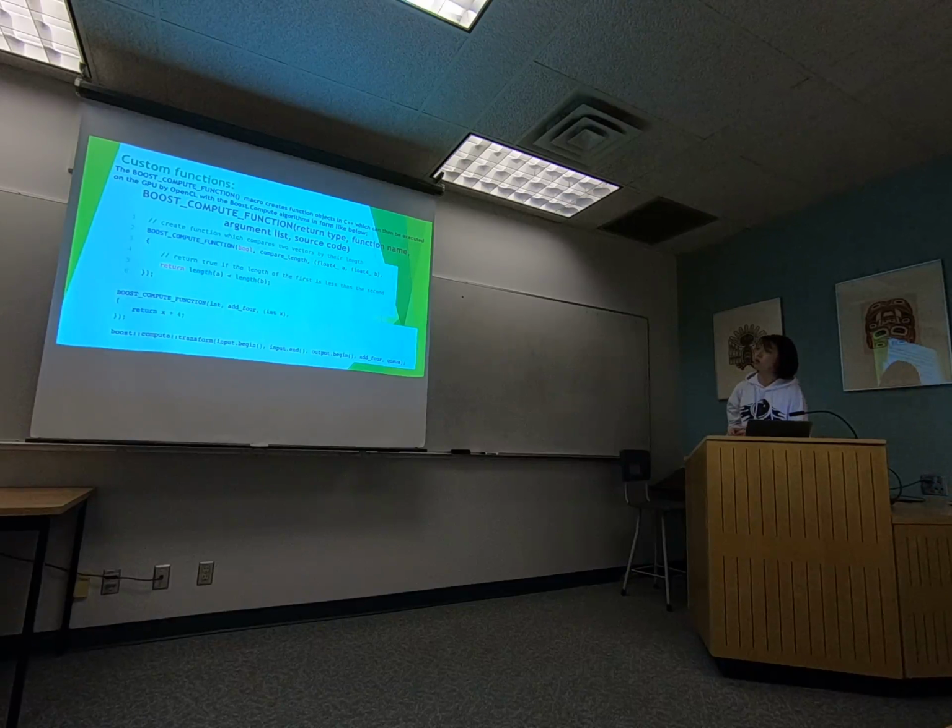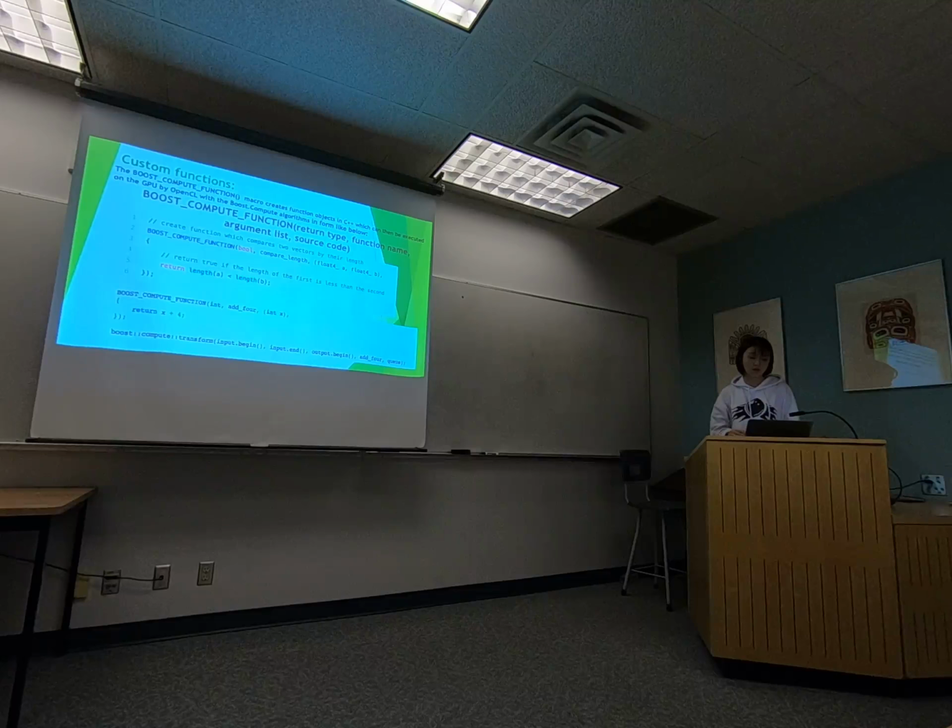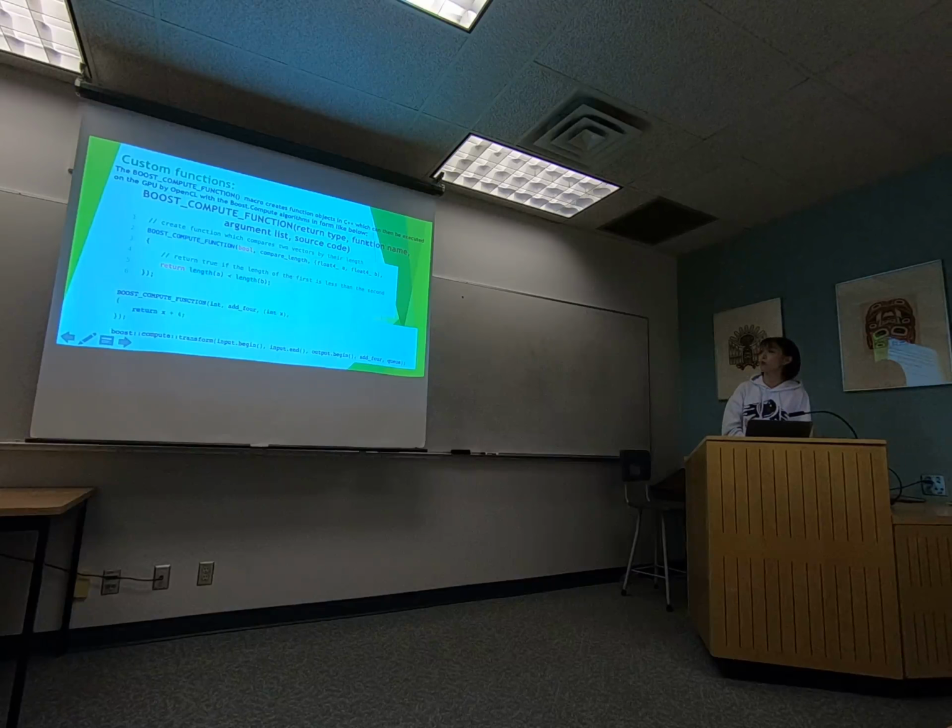And the next is custom functions. In Boost Compute, the function macro creates function objects in C++, which can be executed on the GPU by OpenCL with the Boost Compute algorithms in the form like below.